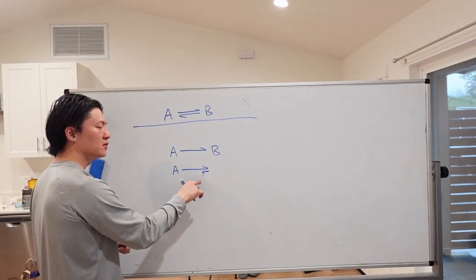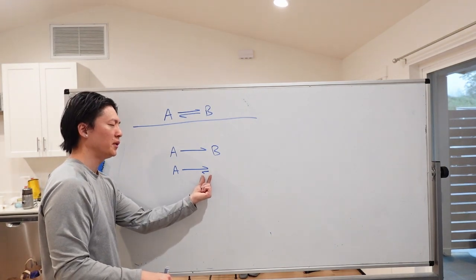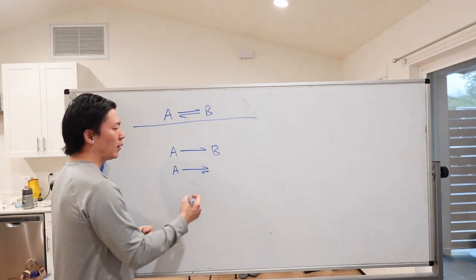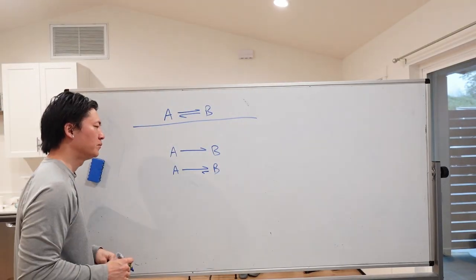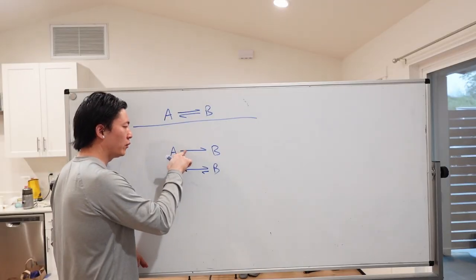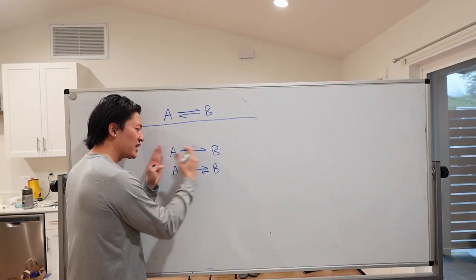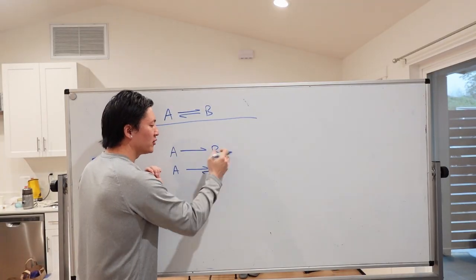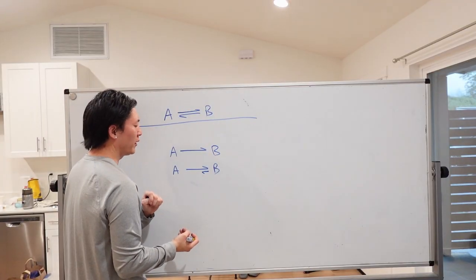That's because the arrow here I'm drawing is a little bit smaller, meaning it's how much B is turning into A over time. The size of this arrow is telling me how fast A is turning into B. No B is turning into A because no B has been made yet.